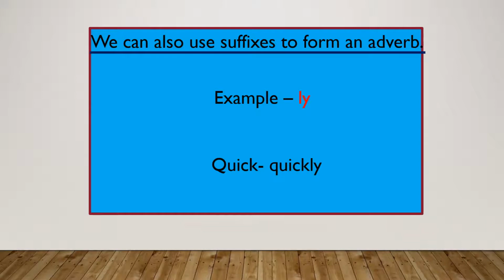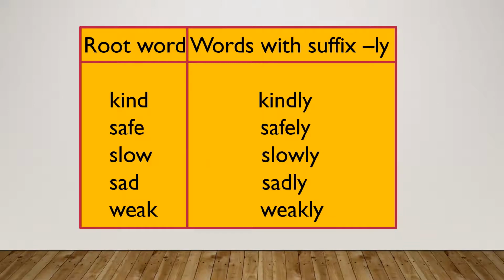But student, you have to keep in mind that not all adverbs end in ly. Let's see some more examples of suffix ly. Here the root words are kind, safe, slow, sad and weak.